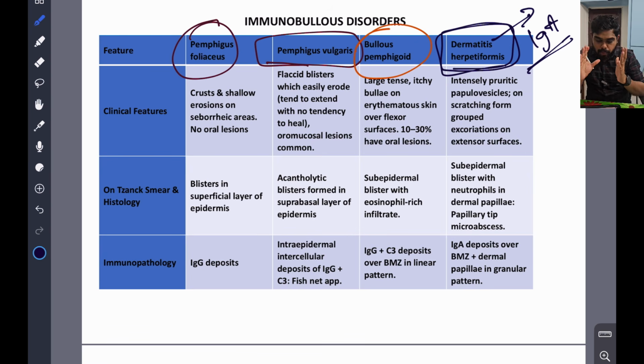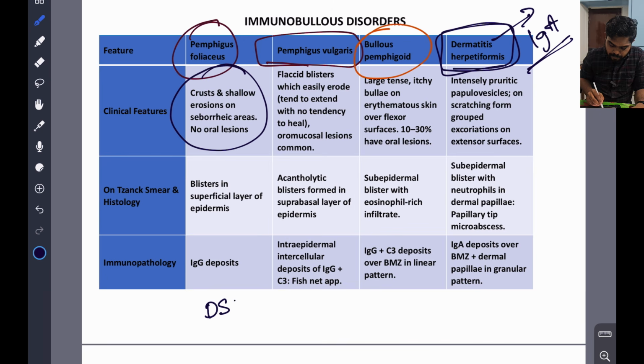We are going to come to the diagnosis. All these four names will be there in the options, and you may be trapped in them. Please listen. What is pemphigus foliaceus? Crusts and shallow erosions on the seborrheic areas, with no oral lesions. There is something called desmoglein: desmoglein 1 and desmoglein 3.